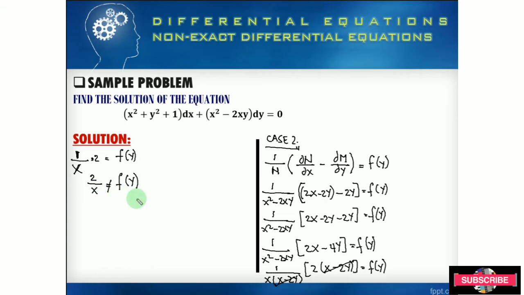So we cannot apply this case number 2 actually.